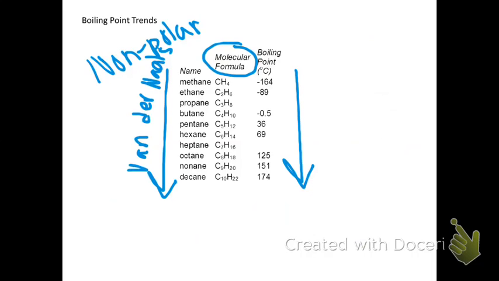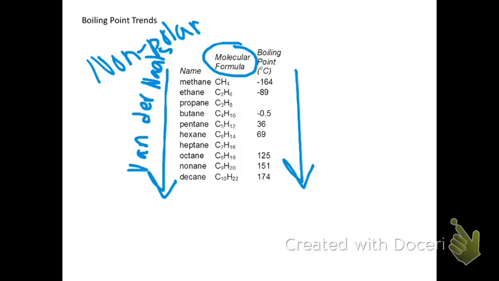And this is very much the same thing that we saw with the melting point for group 17. Remember, the melting points got bigger as you moved down group 17 because the size of those atoms was increasing. So the strength of van der Waals forces is really determined by size.